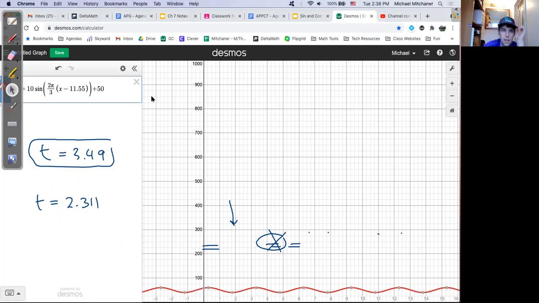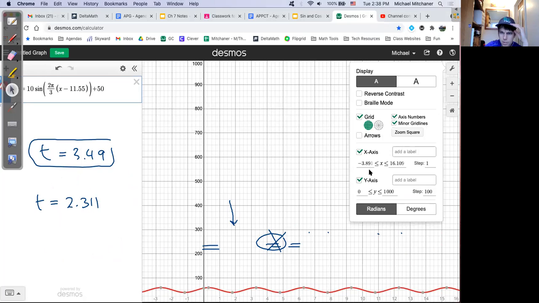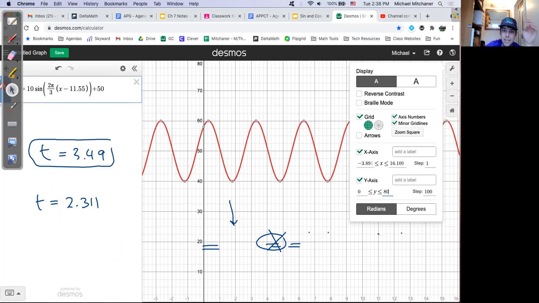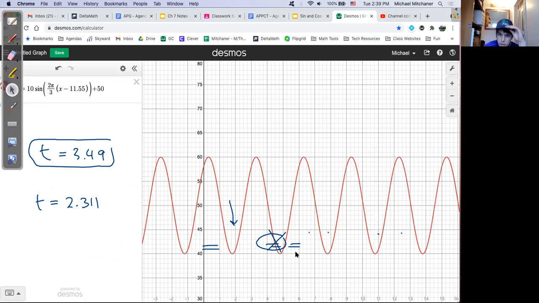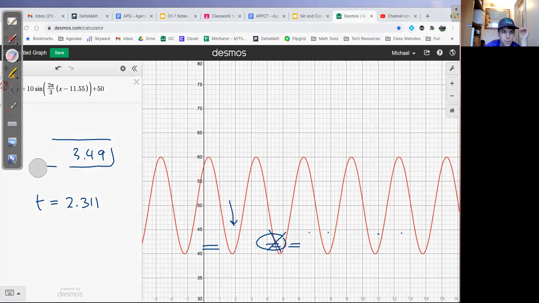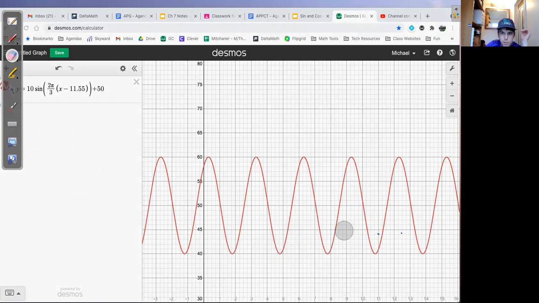Okay. And we know our graph is a little bit off here. We only want to go 0 to 80. Okay. Let's get even closer. Let's go like 30 to 80. We'll step by, I don't know, 5s. Don't like all this stuff here. I didn't realize that was still there from the previous problem.